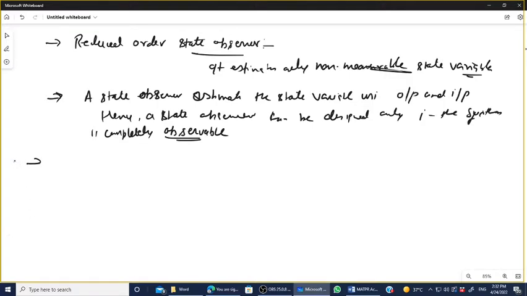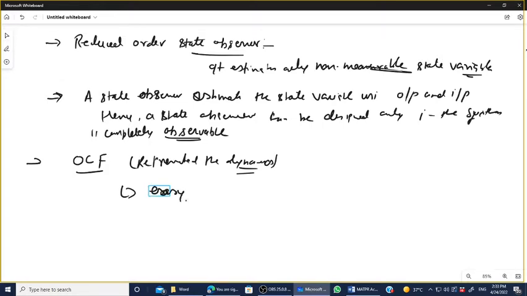As you have seen, if your system dynamics is represented in the form of CCF, the controllable canonical form, then you find it easier to design the controller gain K. Here, if the system is represented in the observable canonical form, meaning the state equation is in this form, then it is easy to design a state observer, as simple as that.